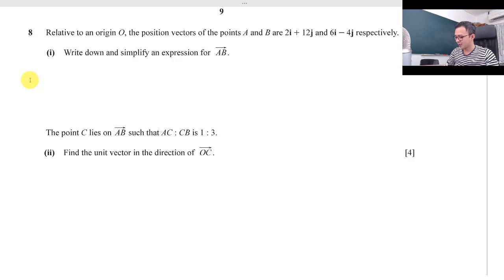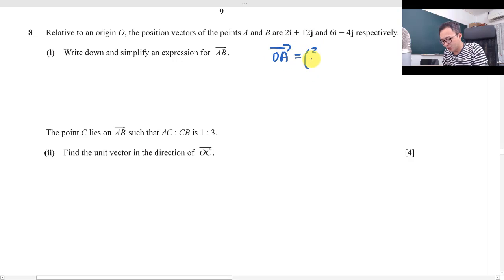Alright, number 8 here. Relative to the origin, the position vectors, so this is i and j, so I prefer to write OA equals 2 and 12, and my OB equals 6 and negative 4. I prefer to write in column vector, but if you want to write in i and j, it should be okay.